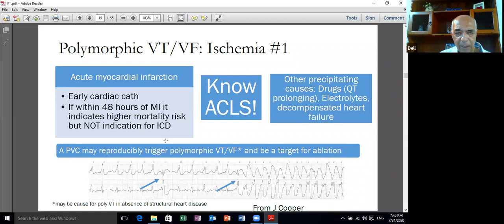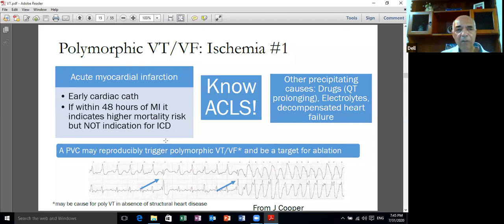So it's not an indication for ICD. You treat polymorphic ventricular tachycardia the way you do in your ACLS algorithm: shockable rhythm, choice of the drug, and cardioversion if needed.